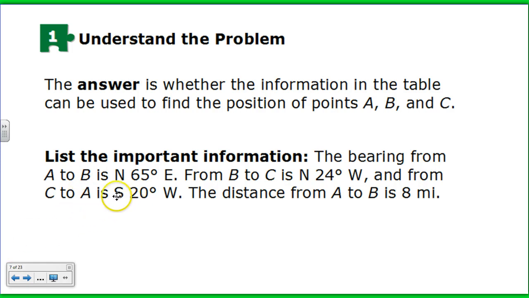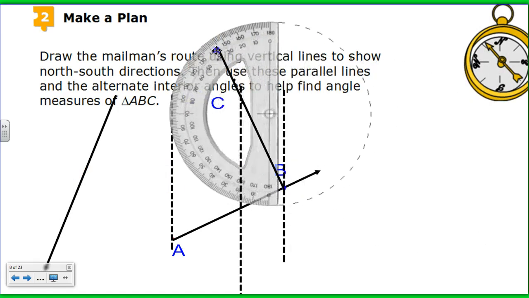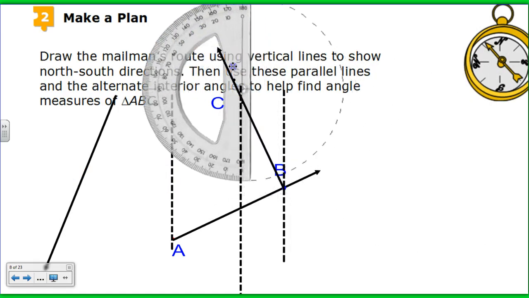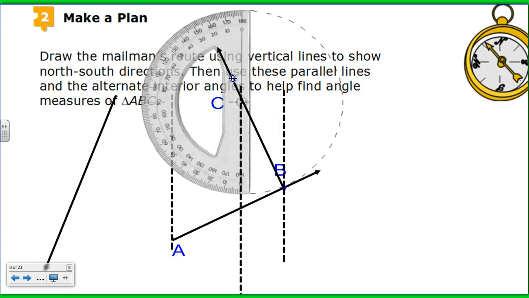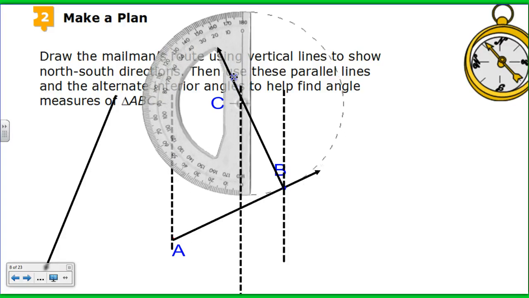From C to A, we have south 20 degrees west. Okay, so we're going to start at C and go south. I don't know exactly where to place this, but south would be straight down, right?